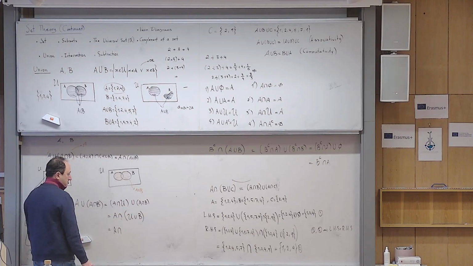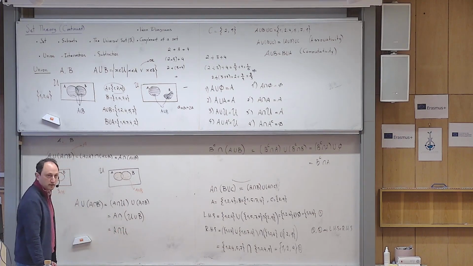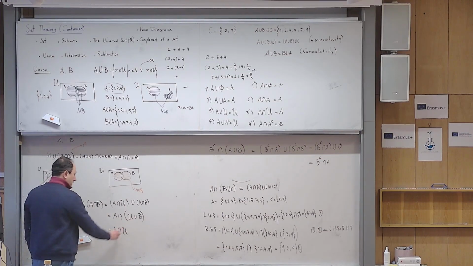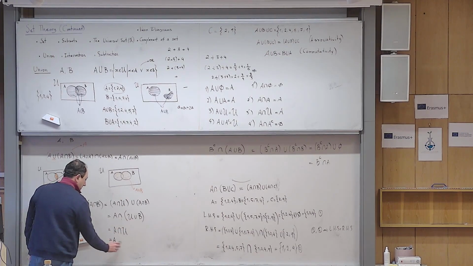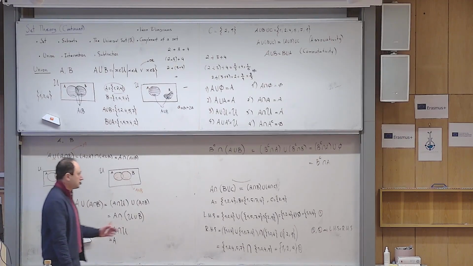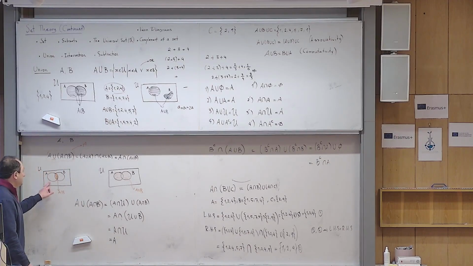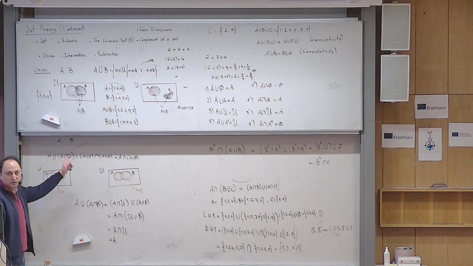What is that? The universal set. But can I go forward again? Yes, because intersection of A with the universal set is the set itself. So that is a rigorous proof of that if we take the distribution for granted. Okay? So you see that Venn diagram is a very good tool in our hand because Venn diagram was able to predict what is the best answer.